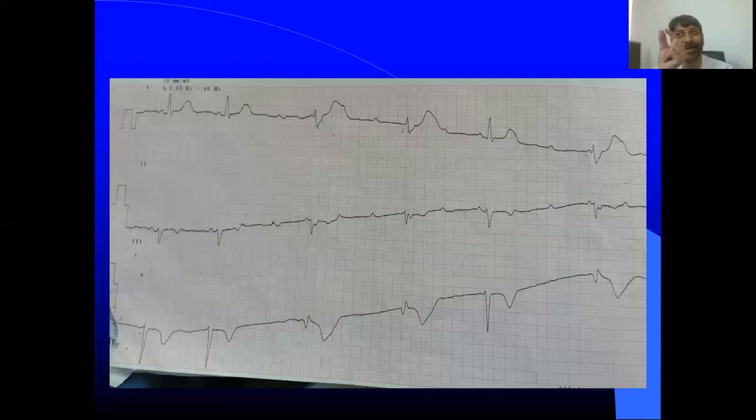Native QRS is narrow because this QRS is coming from the bundle of His and going down. And again, after that first, second, third, fourth, fifth beat, in which you have P and QRS looking related, you again have a P, I think, within T, because your T is again not clear cut, peaked, forming a single cone.